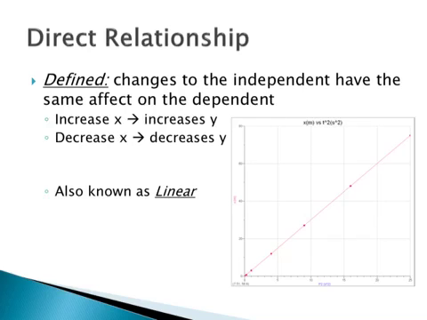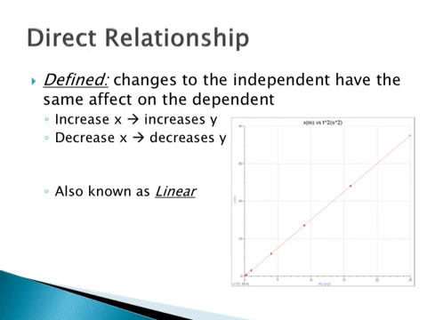The second type, and the most important type of relationship that we'll see, and really the easiest one to use and to see, is called a direct relationship, otherwise known as a linear relationship. A direct relationship says that when you change the independent variable, whether increasing it or decreasing it, it has the same effect on the dependent variable.